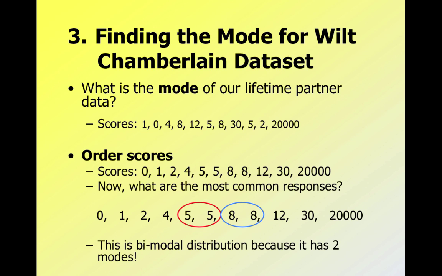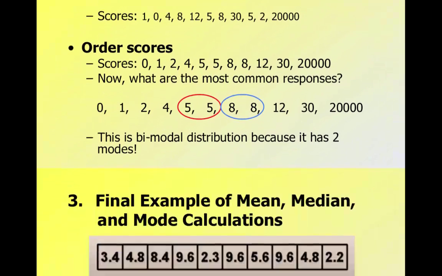So again, really just comparing all of these, hopefully you can see how the mean is very sensitive to outliers. But the mode and the median are not sensitive. Notice they still give us a really good idea of what the central tendency measure is, given that Wilt Chamberlain was in this data set.